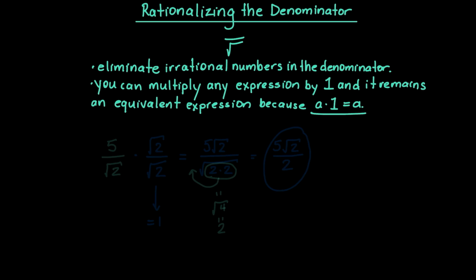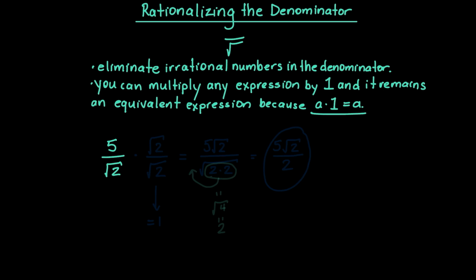If you end up with an answer and there's a radical in the bottom, say for example, 5 divided by radical 2, this is a denominator with a radical, so it has an irrational denominator. So we're going to rationalize it.